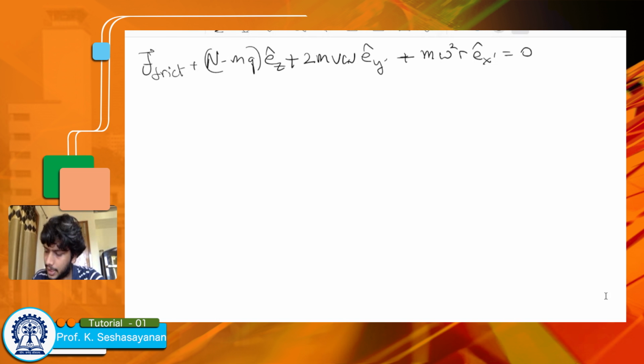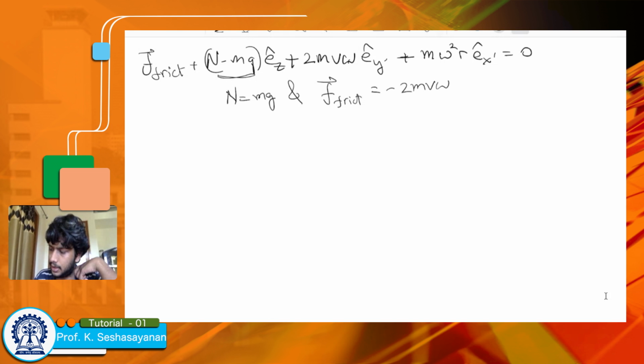the z direction are n and ng. So this gives n equal to ng, and along the x and y direction we get the frictional force, or some kind of a contact force, let's say, which is minus 2m v omega ey prime hat minus m omega square r ex prime.